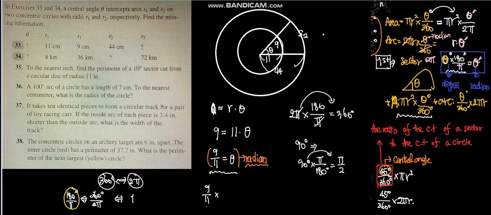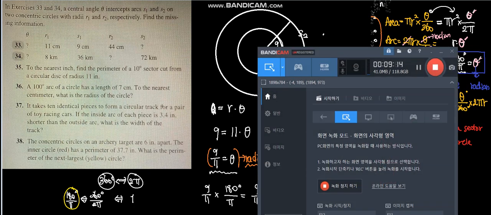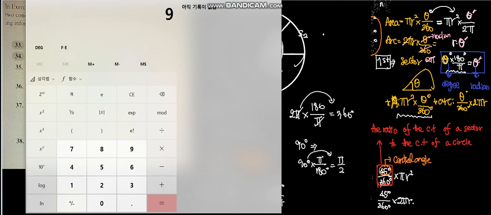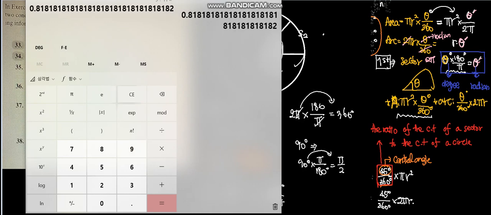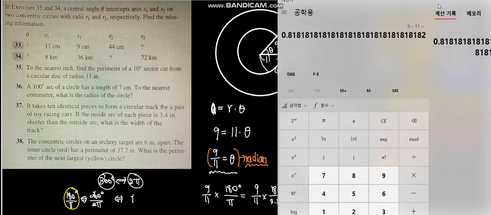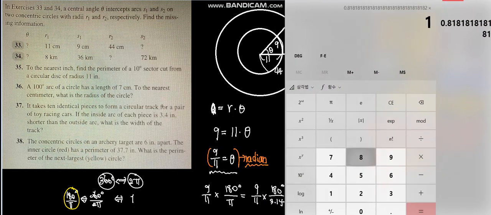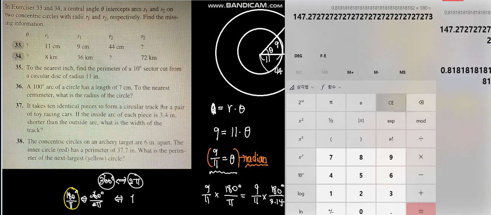Now 9 over 11, this is a radian, therefore we need to do the first one, 180 degrees over pi. Then we know that 9 over 11, and pi is 3.14, and then 180 degrees. So the result will be in degrees. Let's just check the time. Okay, so I'm going to calculate this. 9 over 11 times 180, and then divided by 3.14.